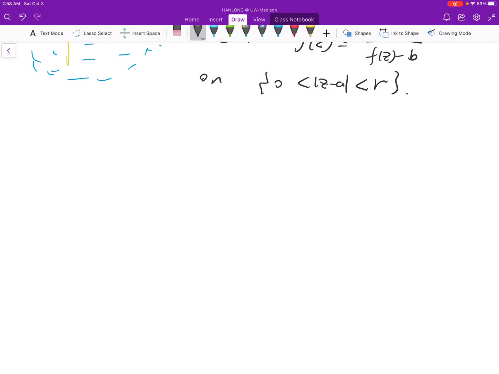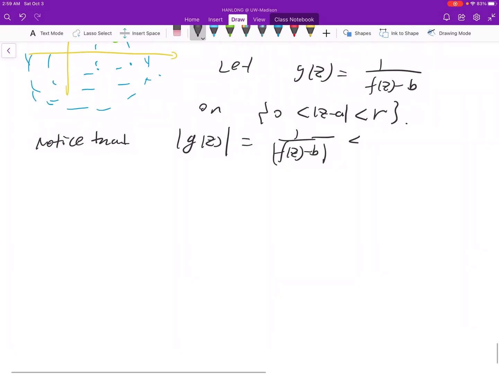And moreover, note that the absolute value of g(z) is 1 over the absolute value of f(z) minus b, which is less than 1 over rho for 0 less than |z minus a| less than r.